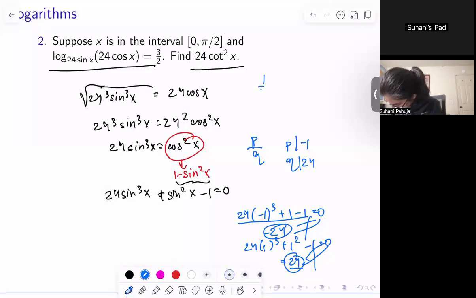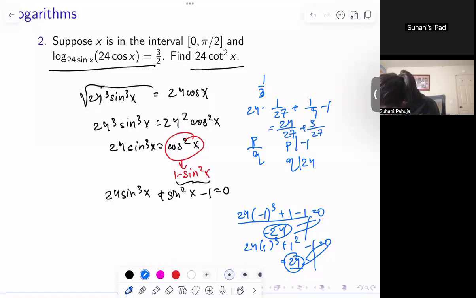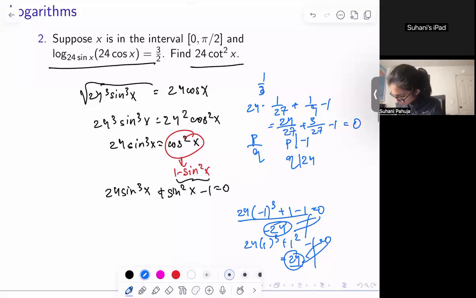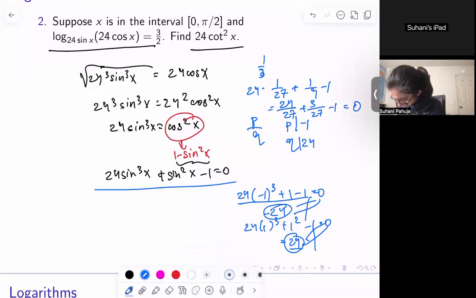So if we try 1/3, then we get 24 times 1 over 27 plus 1 over 9 minus 1. And that is equal to 24 over 27 plus 3 over 27 minus 1, which is indeed equal to 0. So we see that actually 1/3 is a root of this equation.